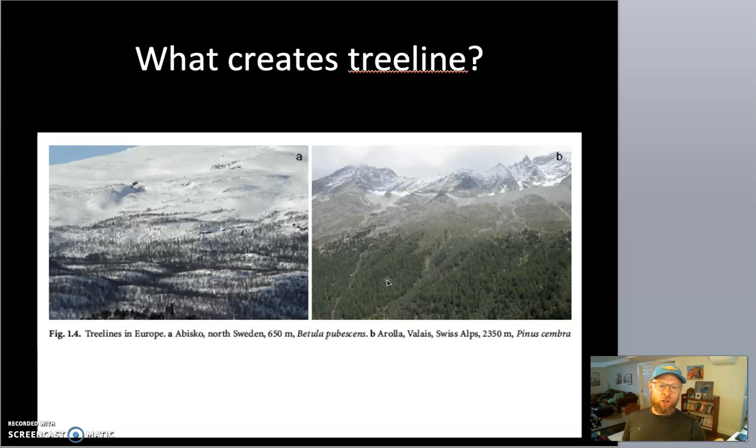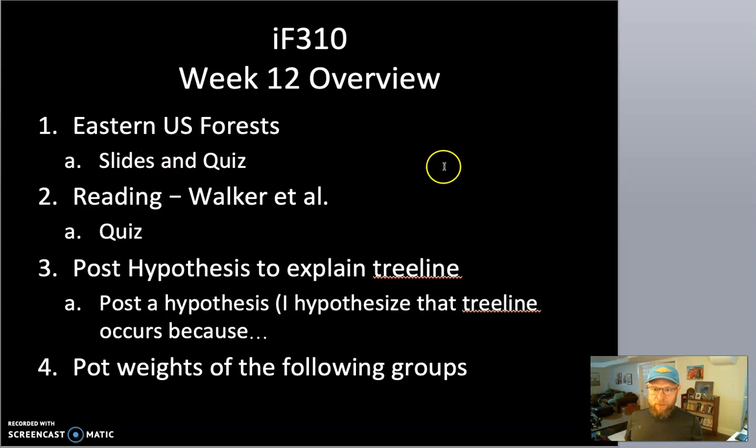Certainly, there are going to be regional differences that might create a tree line, but we're trying to find a somewhat universal explanation for what creates this boundary between where trees can grow and where they can't grow, but herbaceous plants can still grow. All right, so post a hypothesis and provide a sentence or two of explanation about how your hypothesis might work. All right. So that's the third thing that everybody needs to do, 1 through 3.